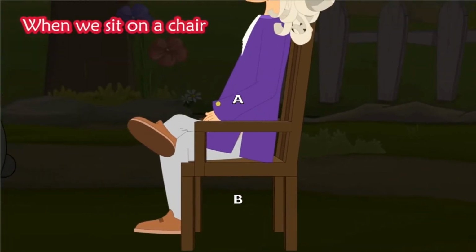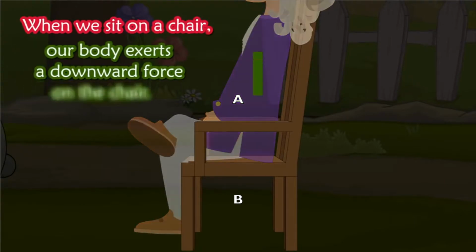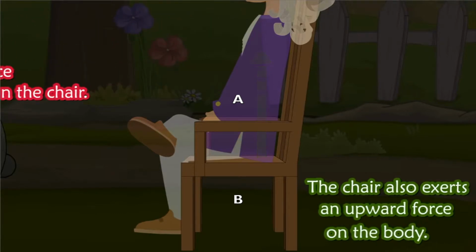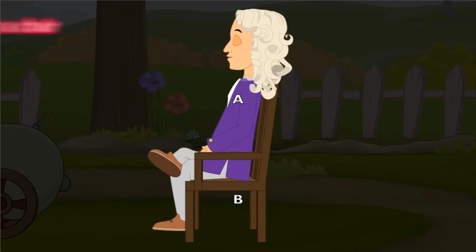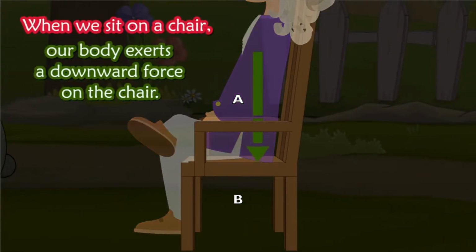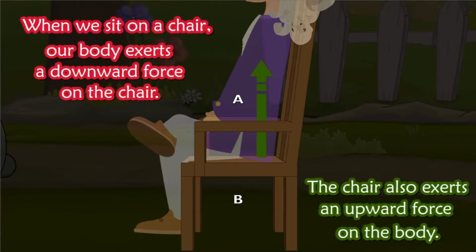When any two objects interact with each other, whether it's direct contact or at a distance, they exert forces upon each other. As you sit in your chair, your body acts on the chair with one force, and the chair reacts on your body with yet another force. This is an example of Newton's third law in action.